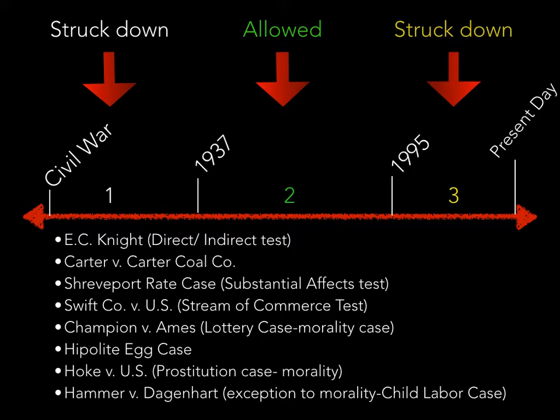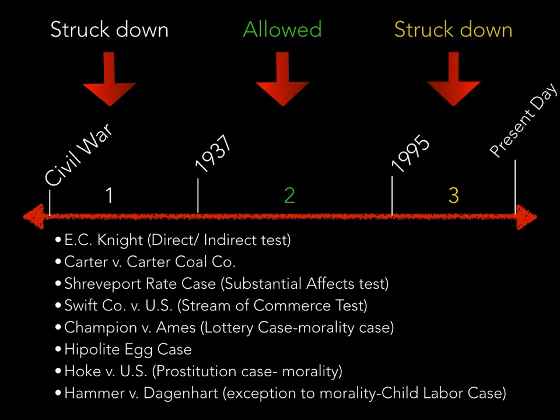Now, the Shreveport rate case, we found there that Congress can set maximum rates for railroads to regulate actions substantially affecting interstate commerce, right? Congress could in fact regulate the intrastate rates charged by an interstate carrier under the commerce power because they found a close and substantial relation to interstate traffic there.